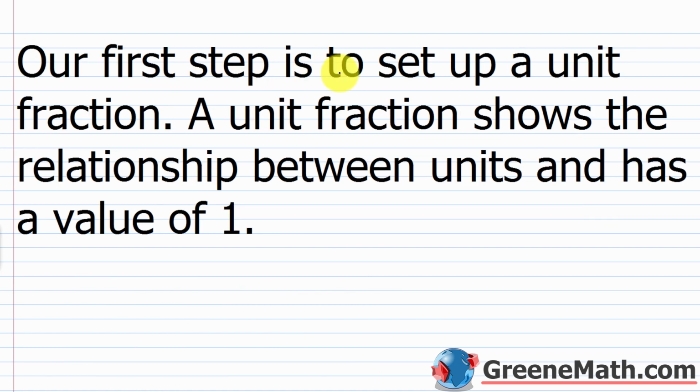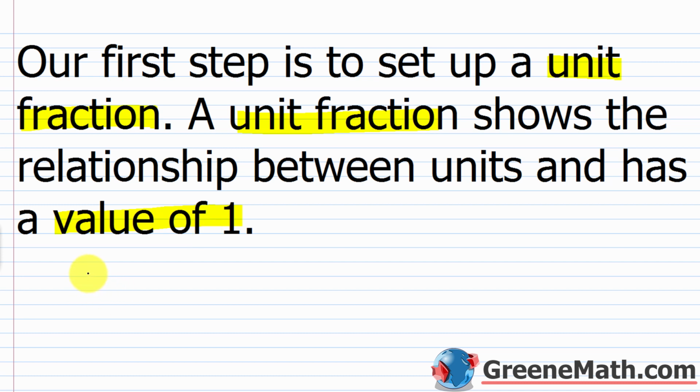So our first step is just to set up something called a unit fraction. And let me highlight this because this is going to be important for you to know. A unit fraction shows the relationship between units and has a value of 1. So that part is very, very important. The fact that it has a value of 1, because remember, when we multiply by 1, even if it's a complicated form of 1, like we saw with fractions, it does not change the value of the number, right?